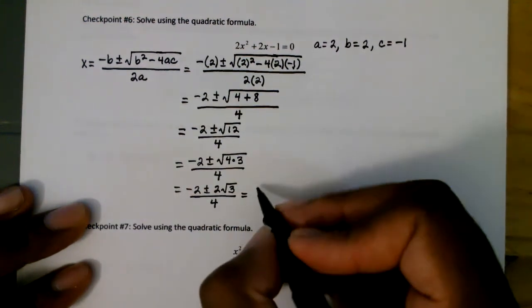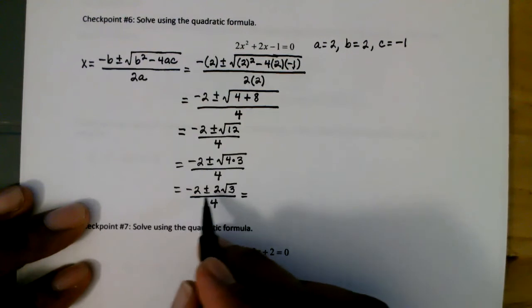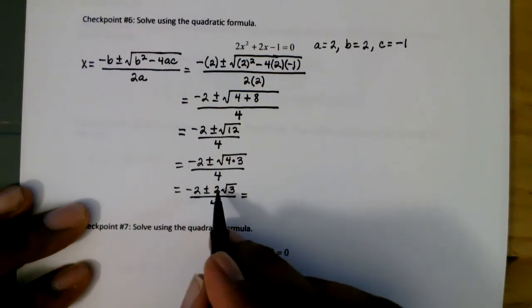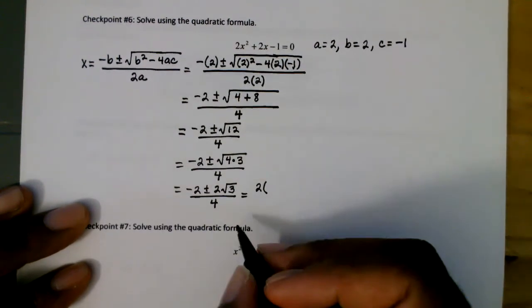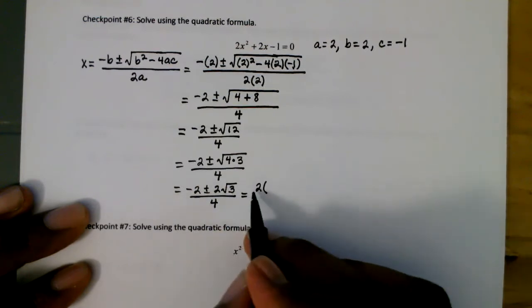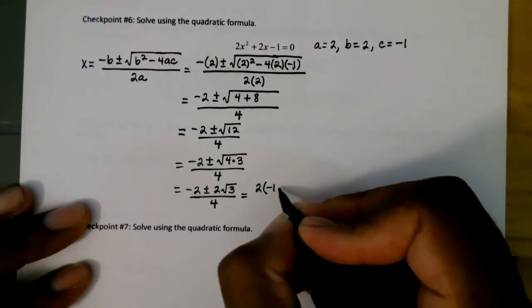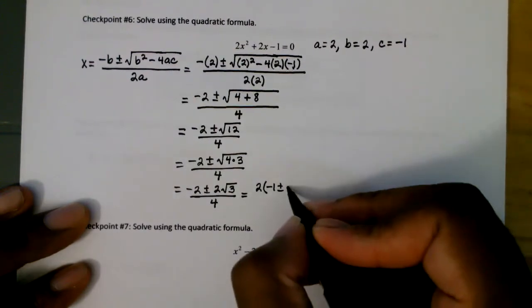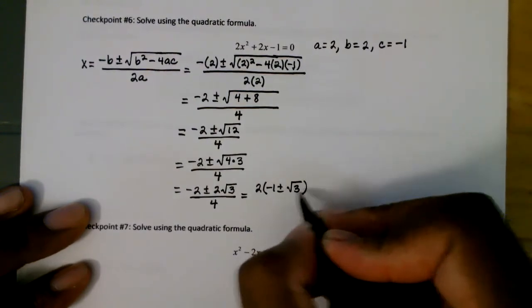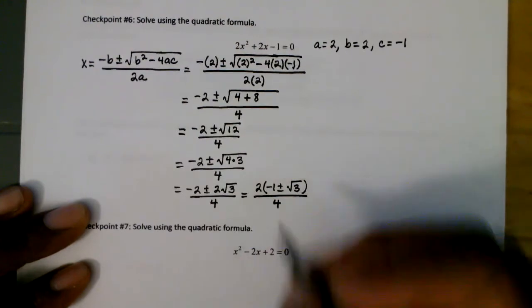Okay, now let's simplify this. Notice in the numerator, there's a 2 here and a 2 here. I can factor out the 2. I'm just taking out a common factor, which is 2. So the 2 comes out. So here, negative 2 divided by 2 will be negative 1, plus or minus 2 square root of 3 divided by 2, that's just square root of 3, all over 4.